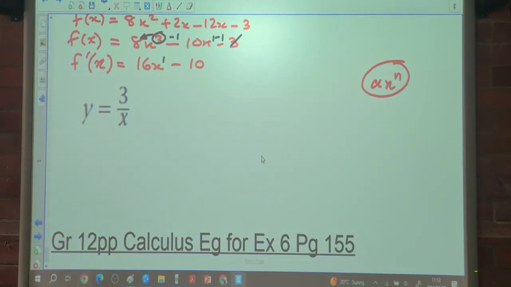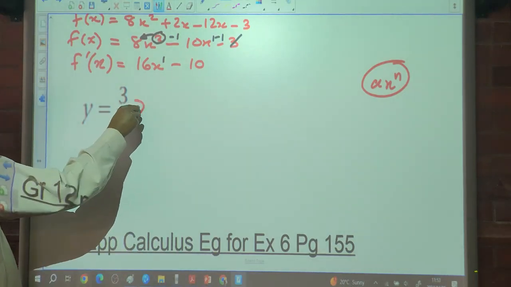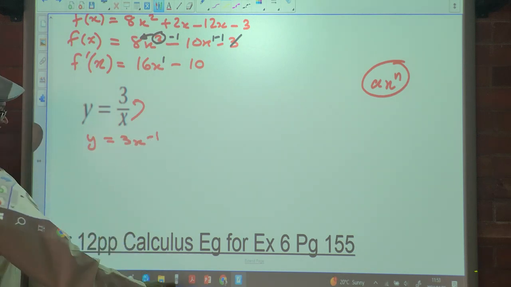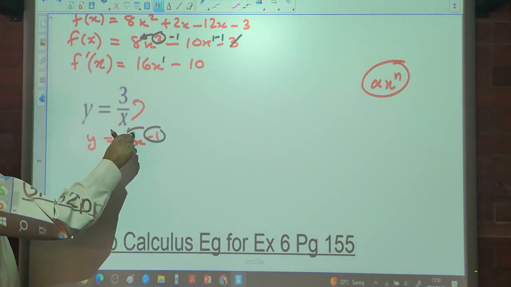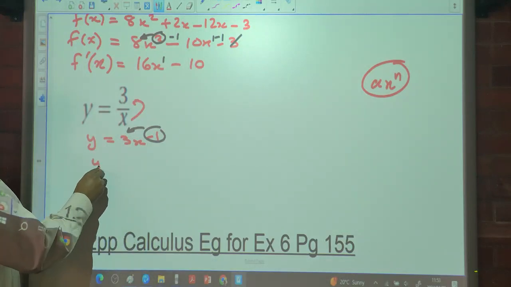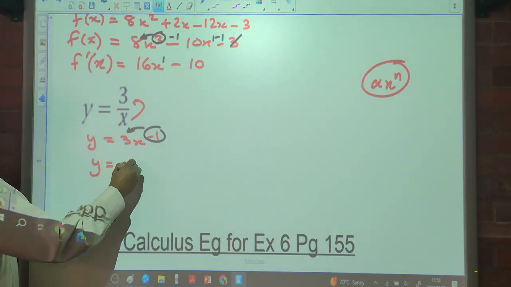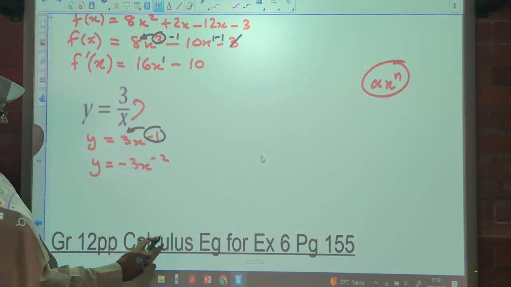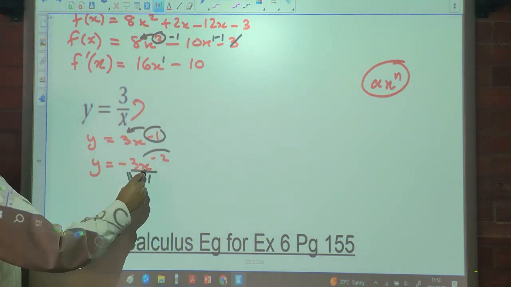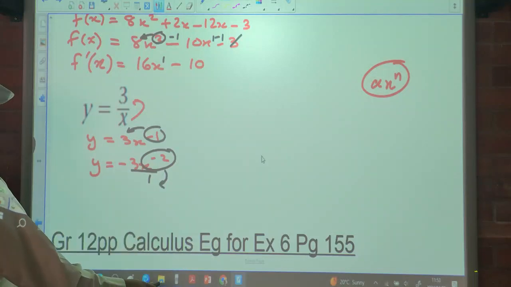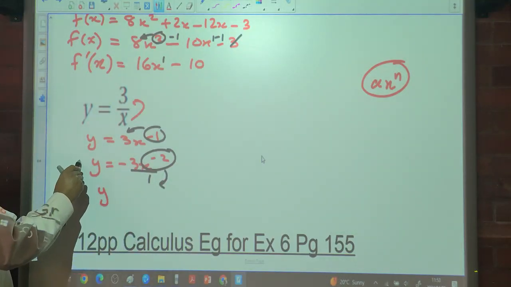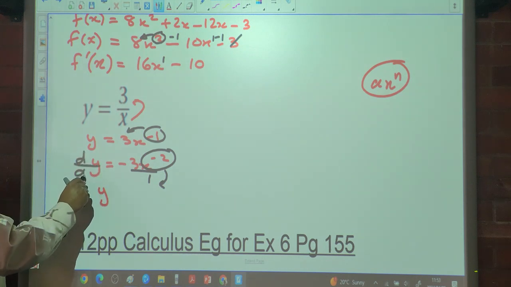Alright. Let's take this up. What do we get? y is equal to 3x to the negative 1. We take the exponent and we multiply it by the number. So 3 times negative 1 is negative 3x to the negative 2. That's naturally over 1, not so? So where must this go? Denominator. When I apply the derivative, I forgot to write dy over dx.